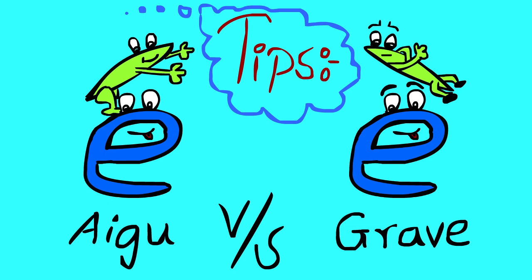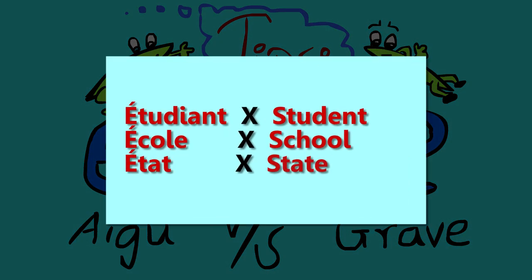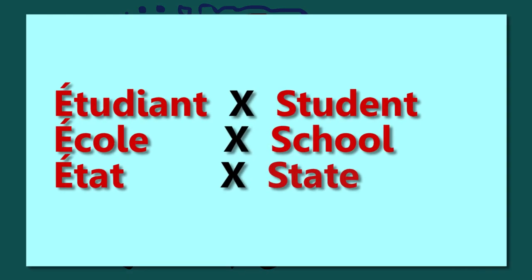And there's a small way to remember the words starting with E acute accent. Let's check some words which start with E accent. Étudiant, école, état. And these are English words: student, school, state.